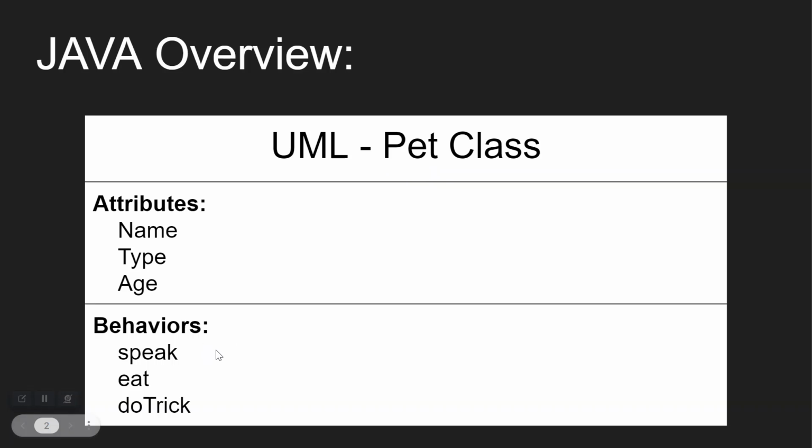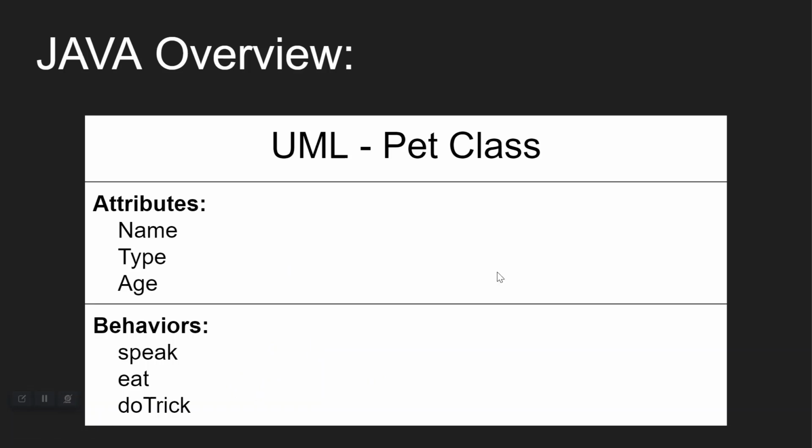We're going to teach it how to speak, we'll have it eat, and we'll have it do a trick. So every pet will have its own name, its own type of animal, and its own unique age. And then each one of our pets will also speak, eat, and do a certain trick. So that's what we're going to be working with.